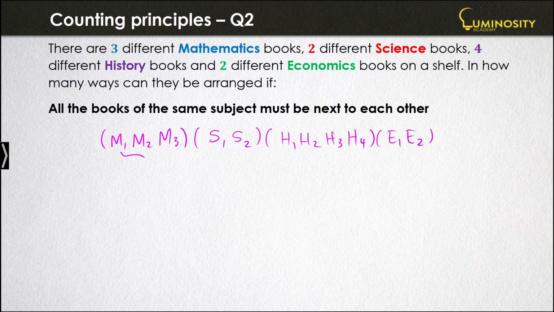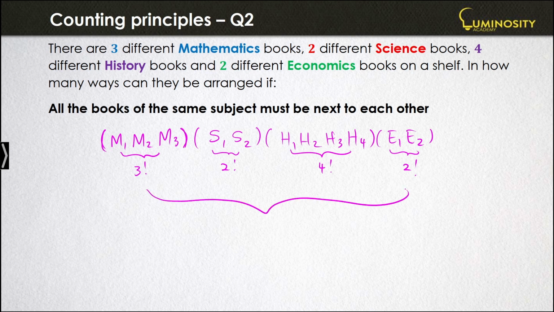So each of these can be arranged in 3 factorial ways, 2 factorial ways, 4 factorial ways, and 2 factorial ways. But then at the same time, these grouped objects are counted as singular objects as well. There are 4 of them, and they can be arranged in 4 factorial ways.